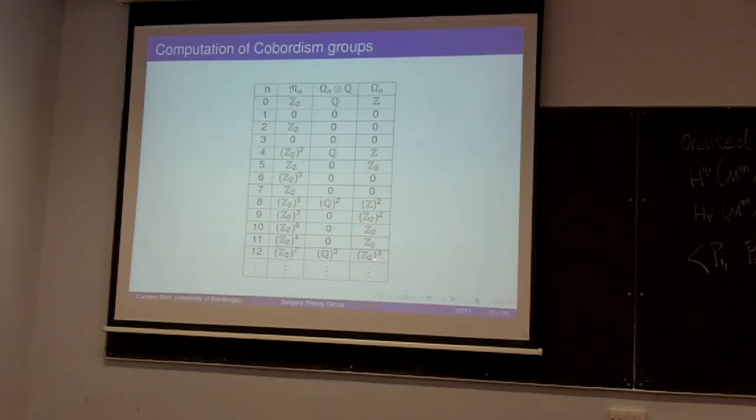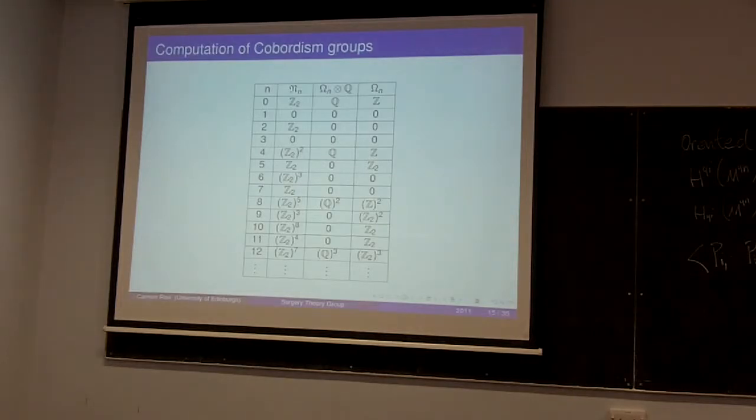This 2 is definitely missing, because it should be 3 copies of Z2. If we look at any other dimension that is not 4k, then we see that they are finite groups, and we see that they are always copies of Z2. That was a result by Wall.